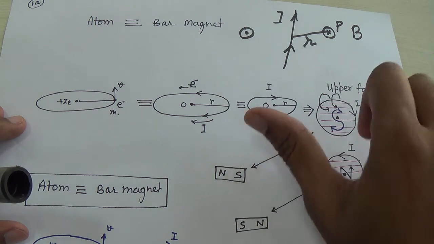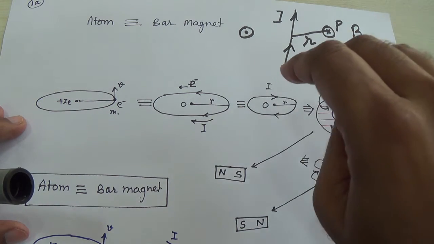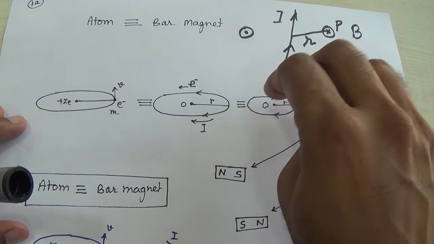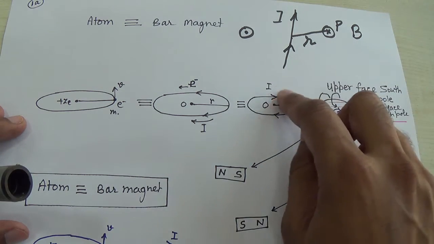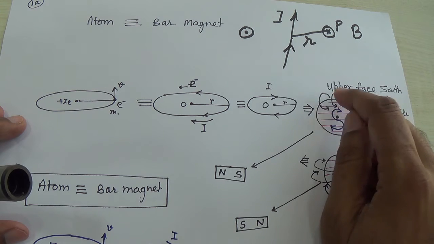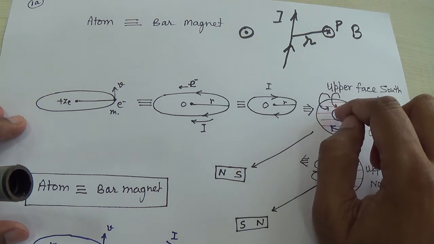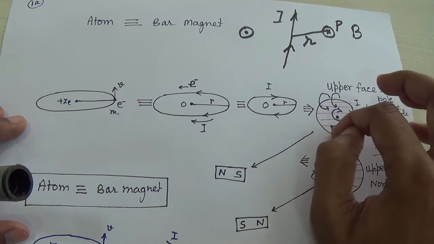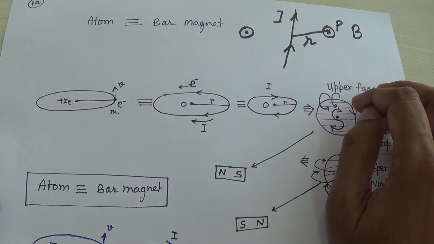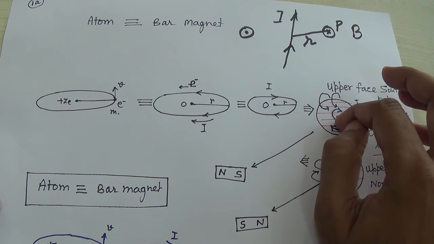Suppose this is the direction of the current, so the magnetic field lines will be inwards through this current loop. This is shown here by these magnetic field lines. These are basically entering into this loop.